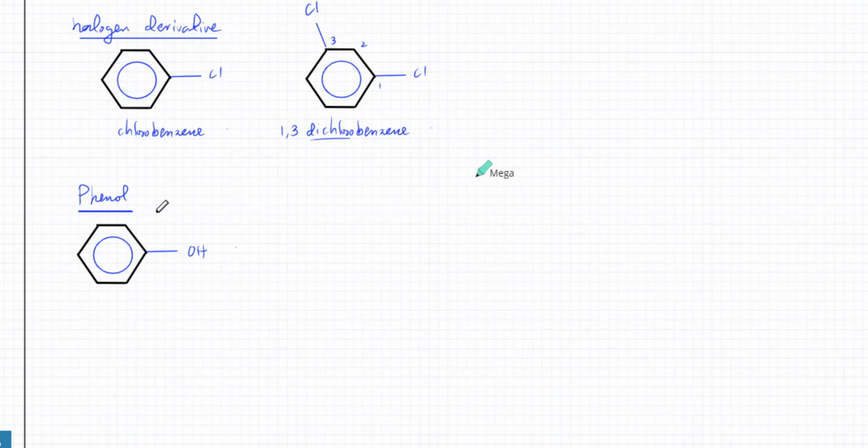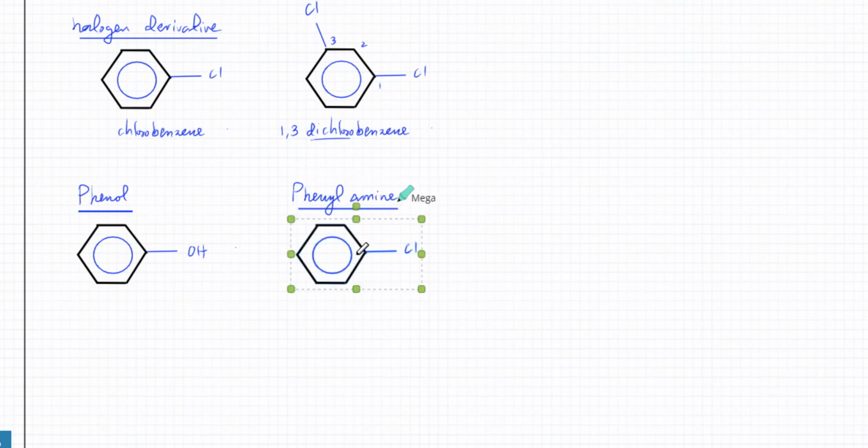Then you're going to have phenylamines. So a phenylamine would be an amine attached to a benzene ring. So let's say you have, instead of the Cl, you're going to have NH2. So again, treat it as a different functional group.